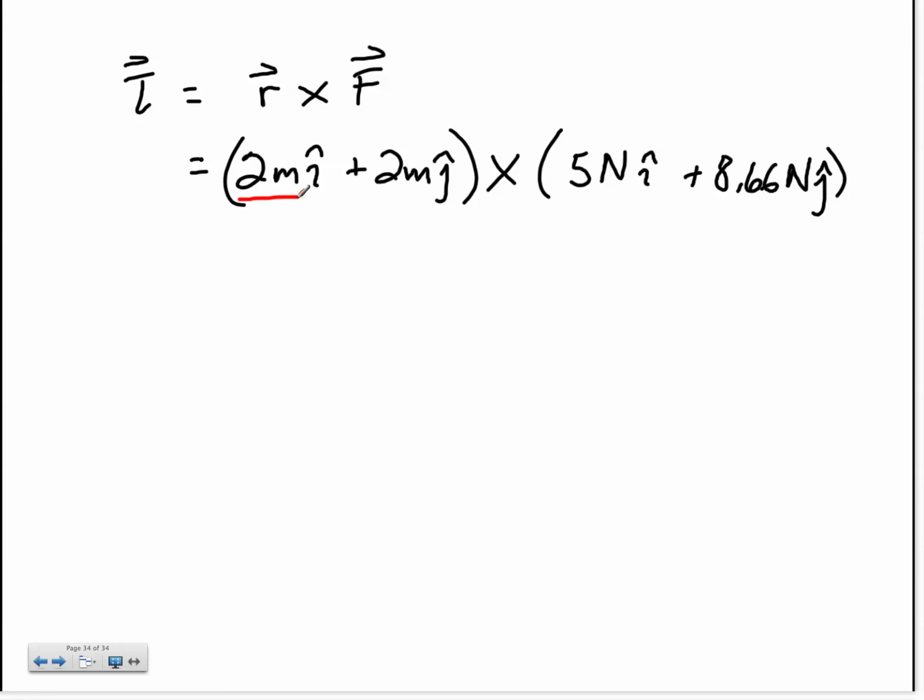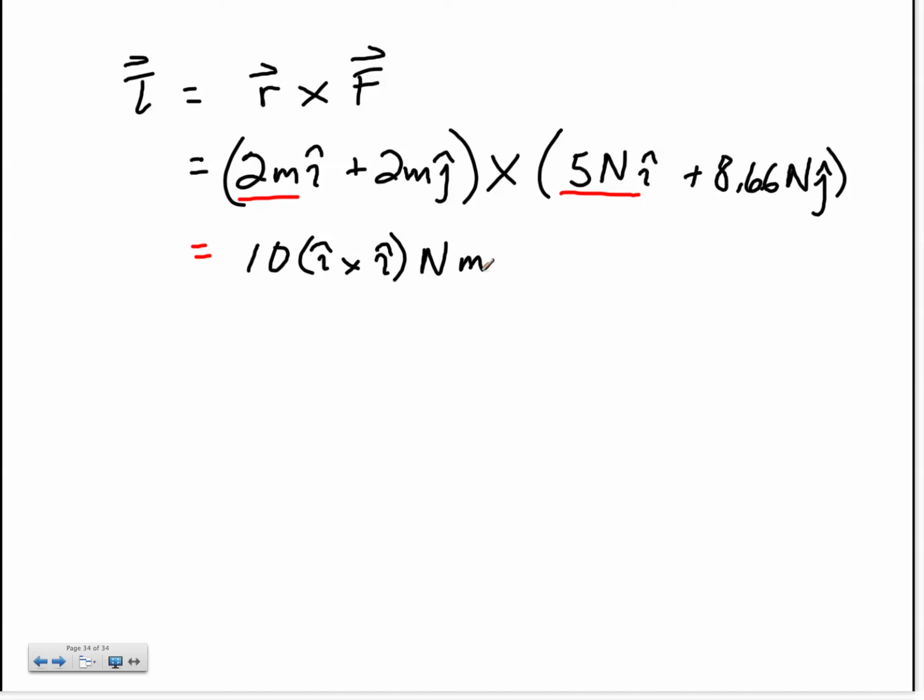So we're going to cross 2i cross with 5i is what? This is 2 meters cross 5. This is going to be 10 times I cross I newton meters.